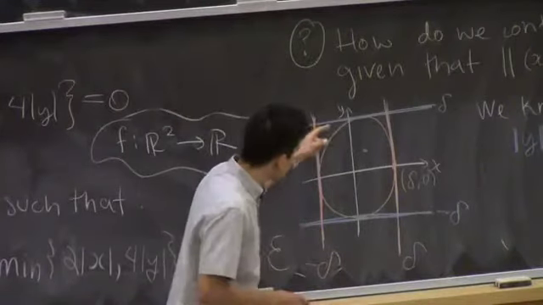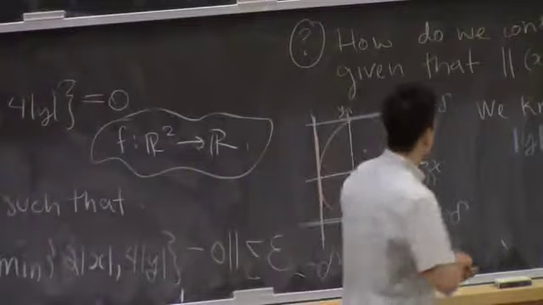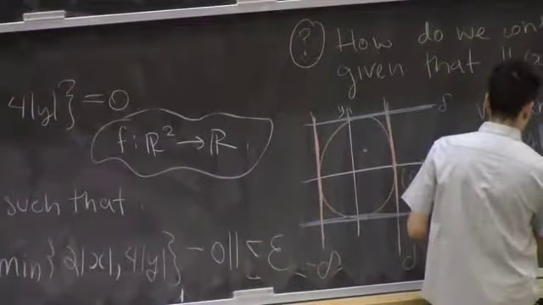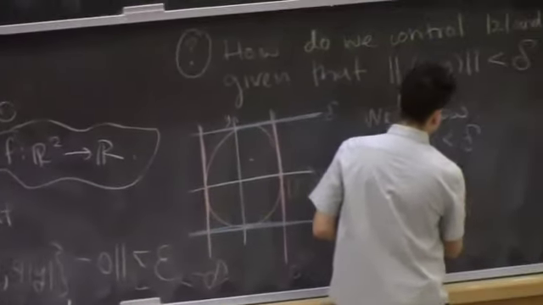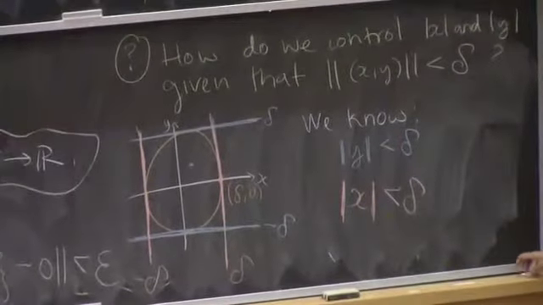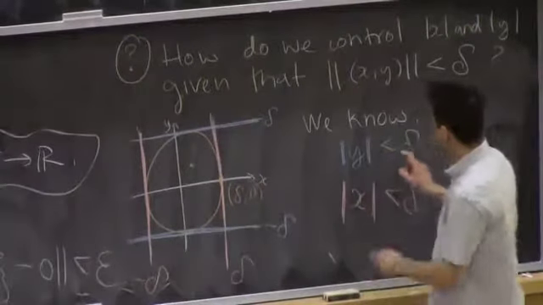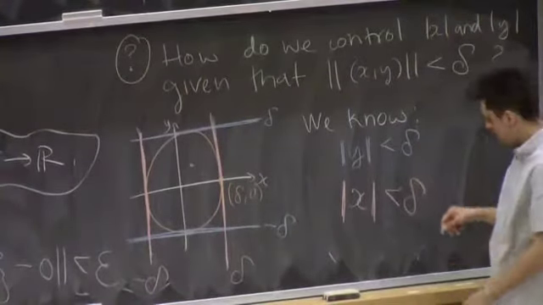Okay, so coming back to this picture, we know that y is between delta and negative delta, and we know x is less than delta. So these two things cannot be close to delta at the same time.